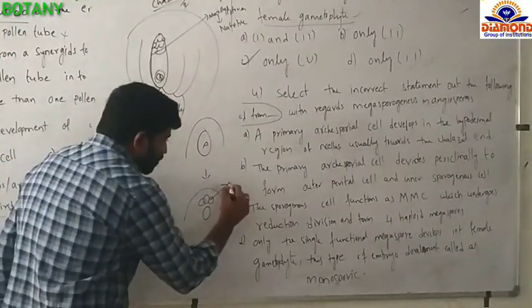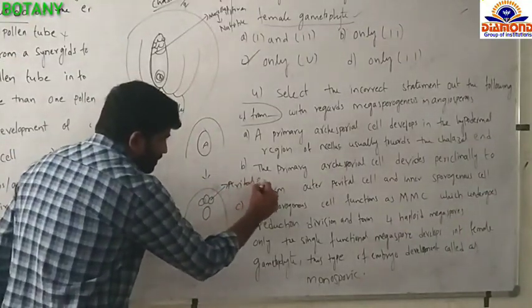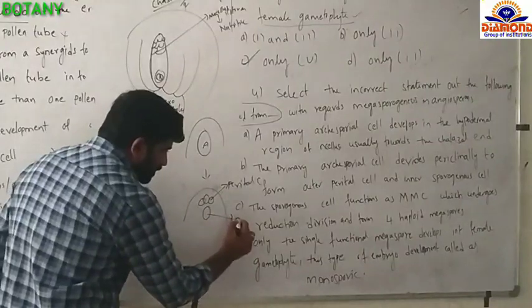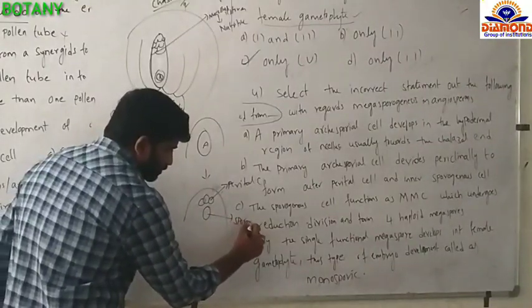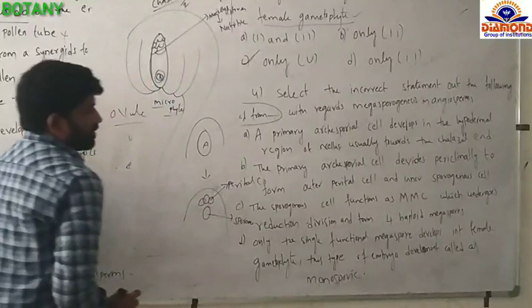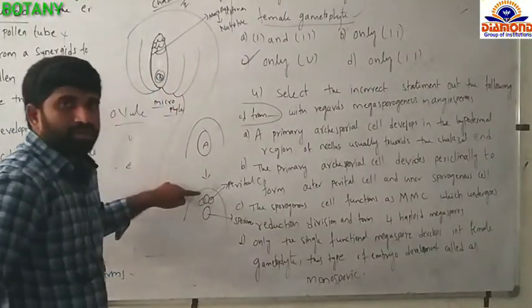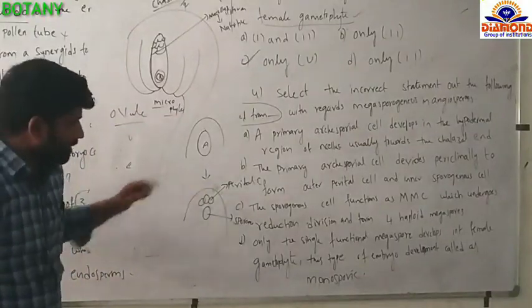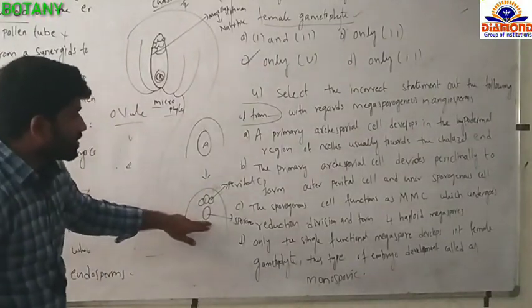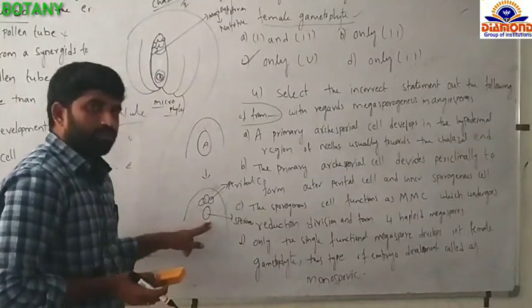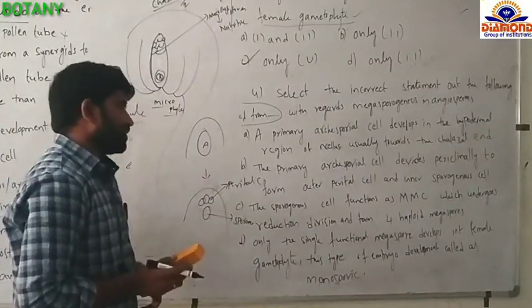The outer parietal cells are involved in the formation of integuments, the ovule covering, and the sporogenous cells are involved in the formation of the female gametophyte, or megaspore development.